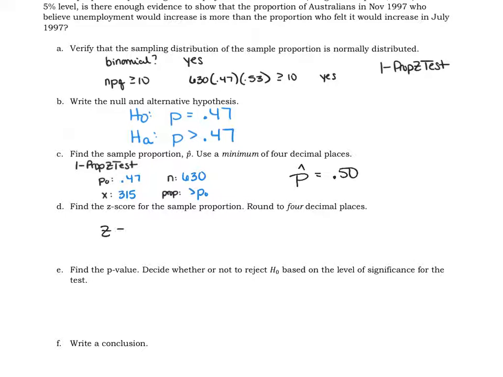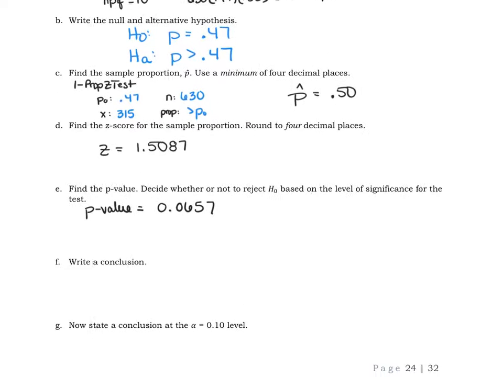The z-score also comes off of the calculator to 4 decimal places, 1.5087. And then the p-value comes off of your calculator as well. So the p-value is 0.0657 once we round to 4 decimal places.